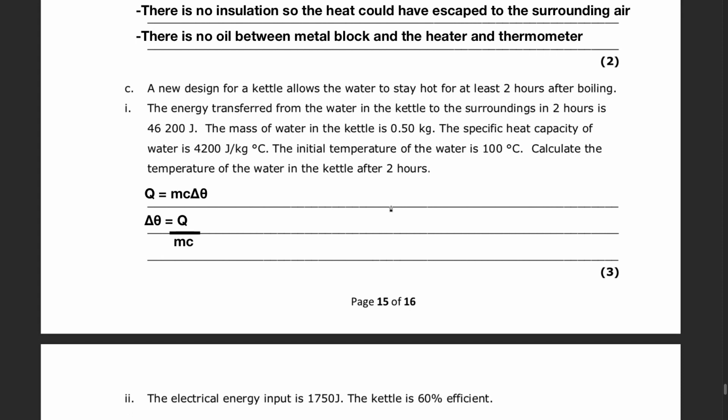Now from the question, we have values for Q, which is 46,200 joules. We have a value for the specific heat capacity of water, which is 4,200 joules per kilogram degrees Celsius. And we have a value for the mass of the water, which is 0.5 kilograms.